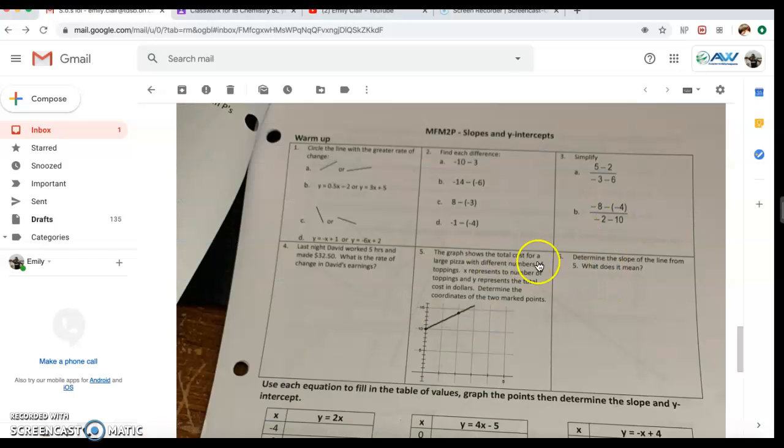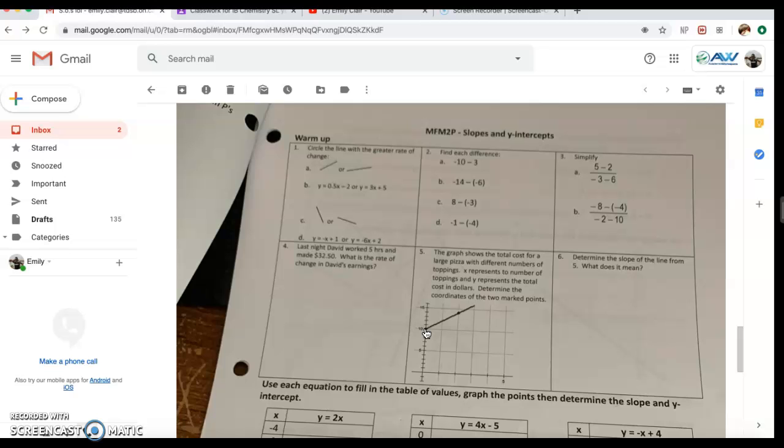The graph shows the total cost for a large pizza with different numbers of toppings, where x is the number of toppings and y is the total cost. If I look at this graph, the way I can interpret it is that when I have 0 toppings, the pizza costs $10. So presumably a pizza with just sauce and cheese would be $10.